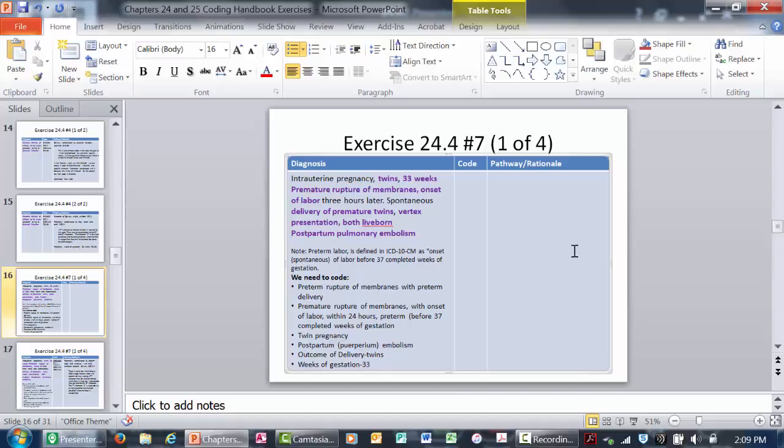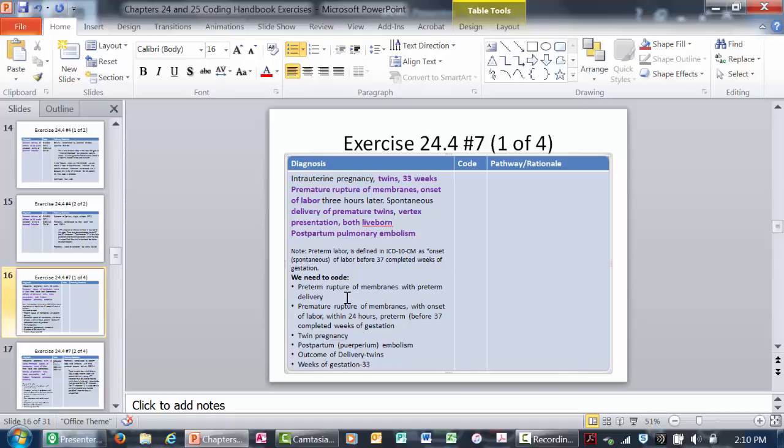A couple of things come to my mind. One is that I know that preterm labor is defined as an onset of labor before 37 weeks. And in this case, it's a 33-week pregnancy. So we're going to be coding preterm labor at some point.